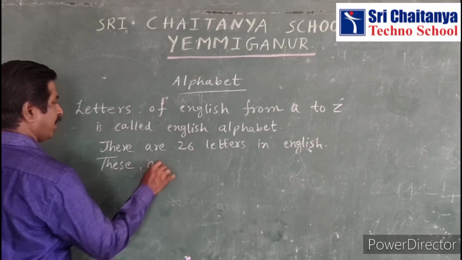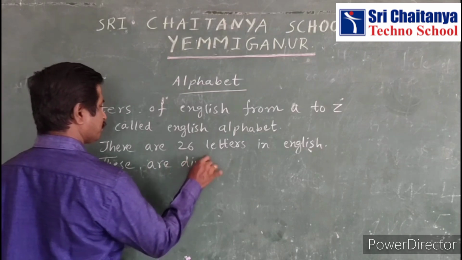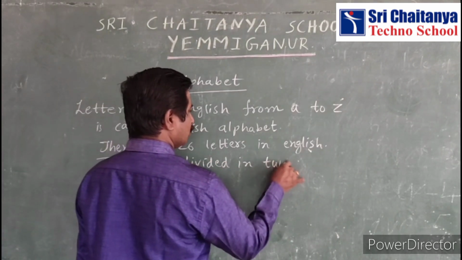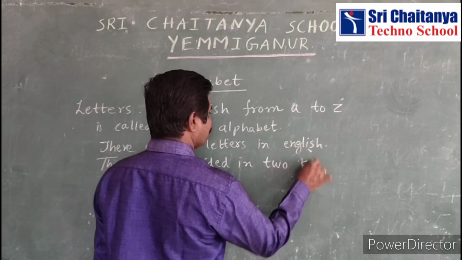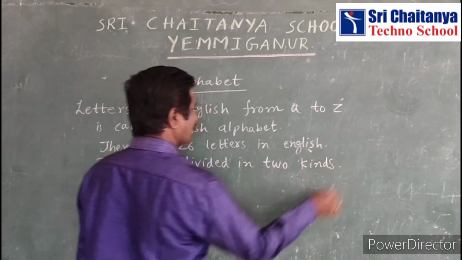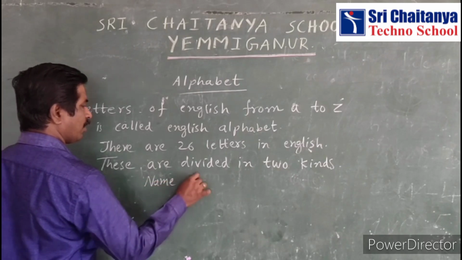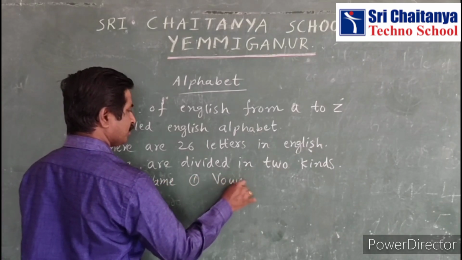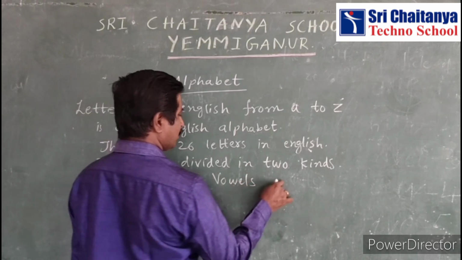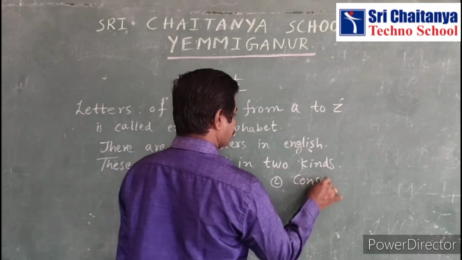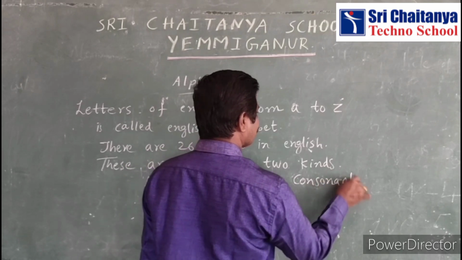These are divided into two kinds, namely number one, vowels, and the second one is called consonants.